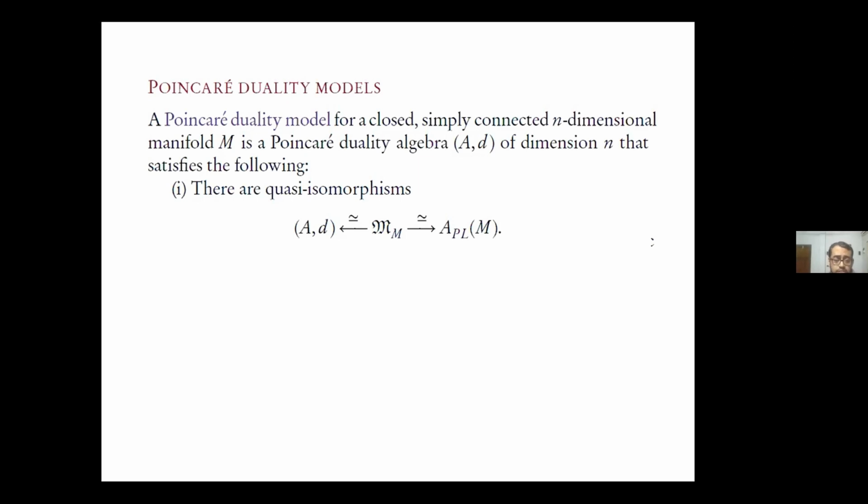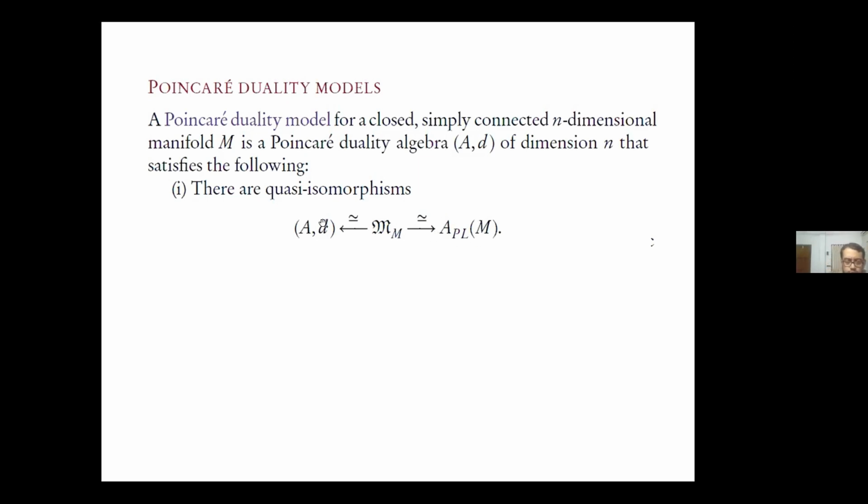I have first two quasi-isomorphisms, and this is something very commonplace in these kinds of discussions, that you do not have a direct map, but you have a zigzag. So you have MM to be the minimal model of M, and you want a quasi-isomorphism from the minimal model to this Poincare duality algebra, and we know that this minimal model has a map to the APL of M, which was defined following Sullivan's work.